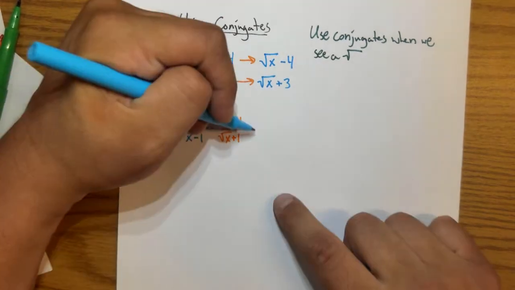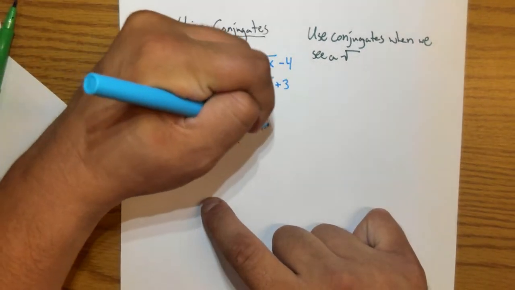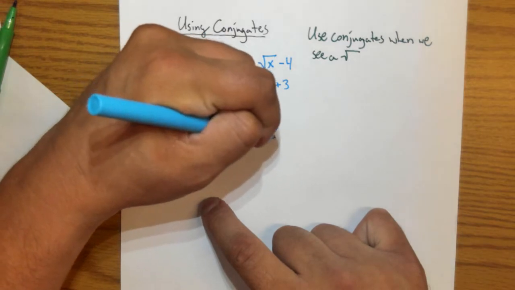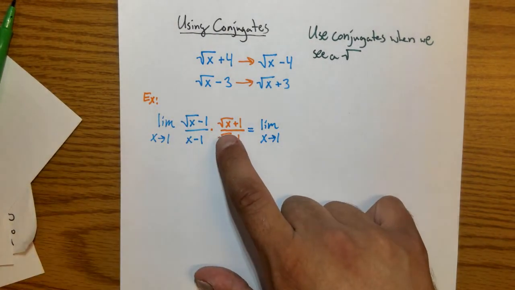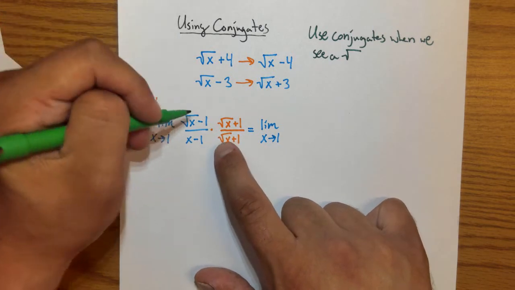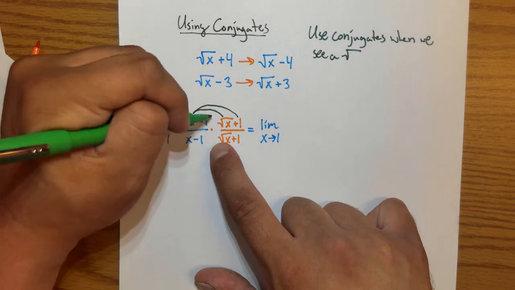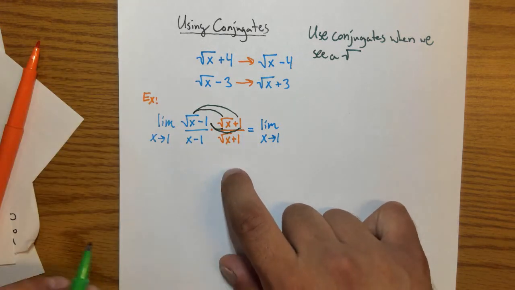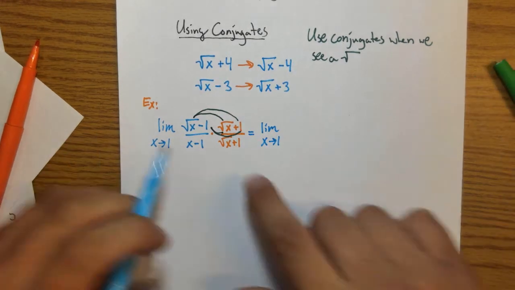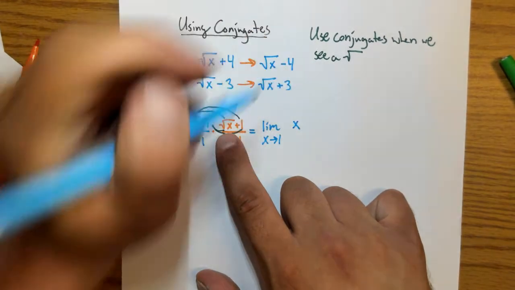So this equals the limit as x approaches 1 of, and how do we multiply this? Well, we want to FOIL. So I want to multiply this to this, that to that, and then that and that. Okay? So square root of x times the square root of x is x.